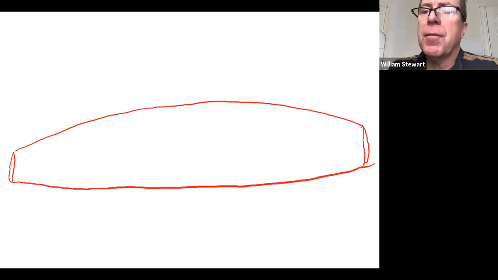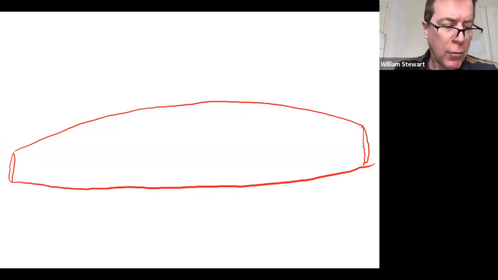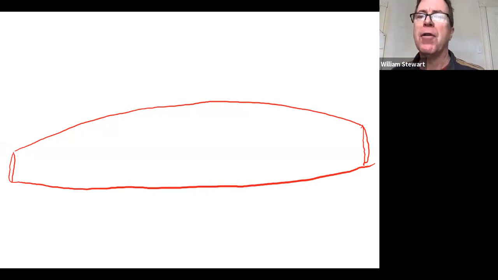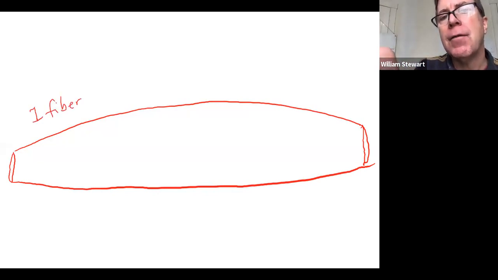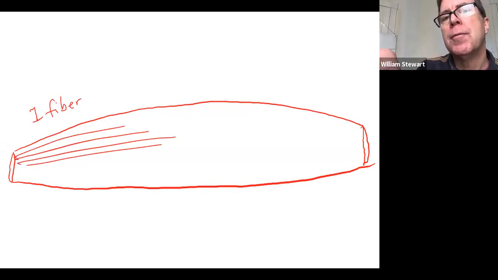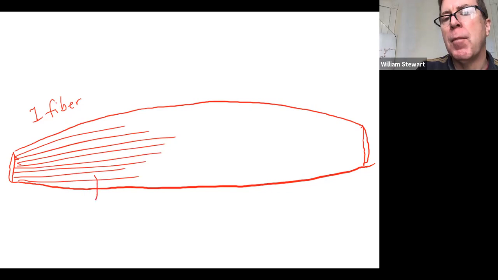I'm going to draw some of these arrangements in here for you. First, there's a repeating pattern of myofilaments. If this is one individual muscle fiber cell, inside of here are little tubes that take up most of the space. Each of these little tubes is a myofibril.